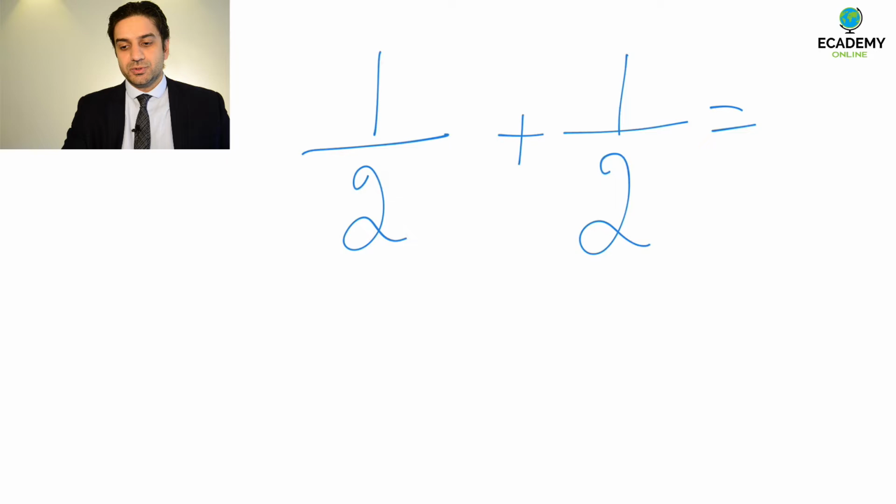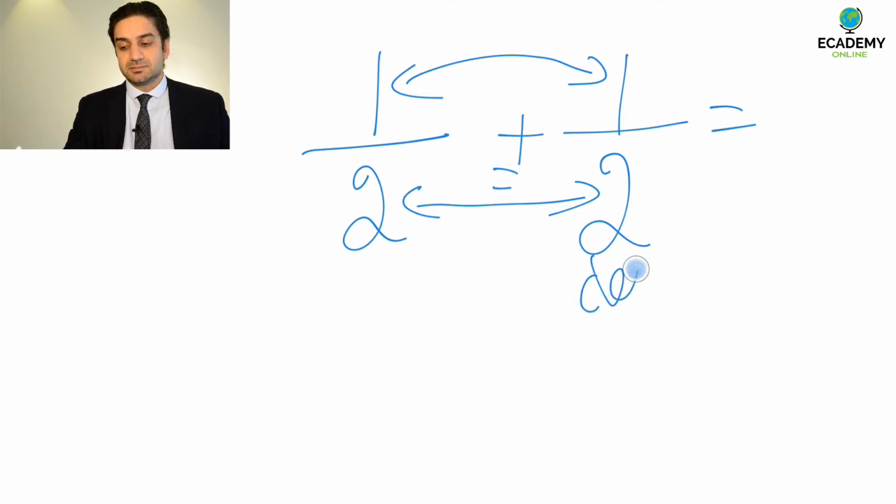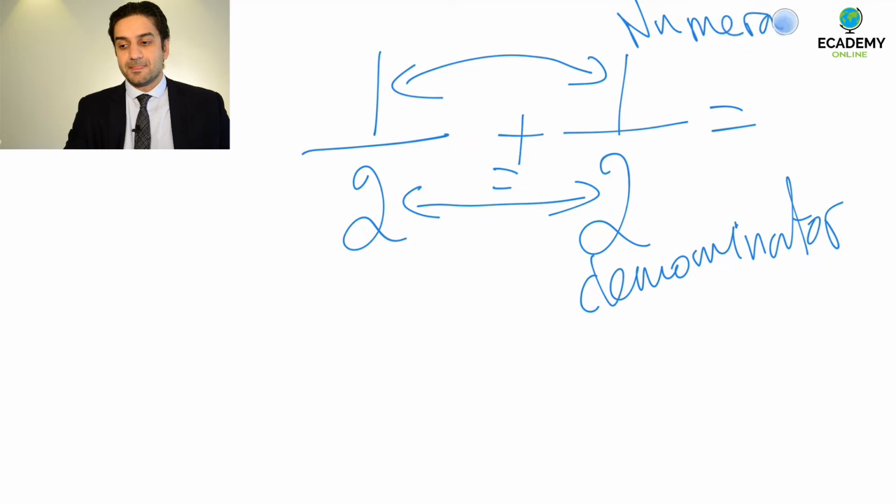In this case, what we do is we add the top bit because the bottom bit is equal. We call this the denominator. And we call this the numerator. So we're adding 1 plus 1 over.